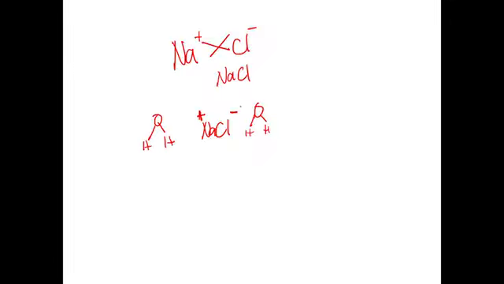Okay, so when an ionic compound like sodium chloride is exposed to water, the chloride part, or the negatively charged part of sodium chloride, is attracted to the positively charged portion of water.